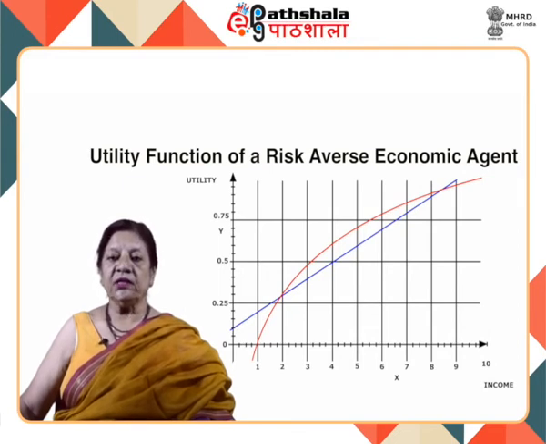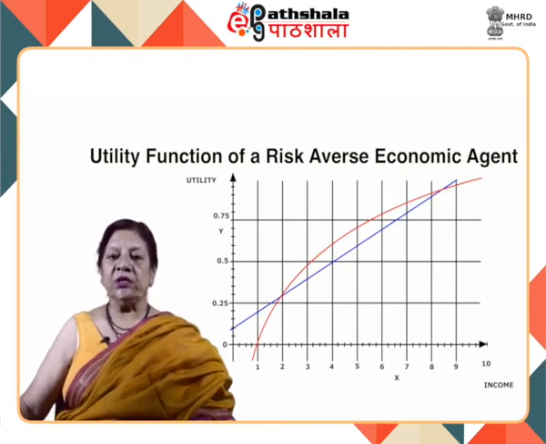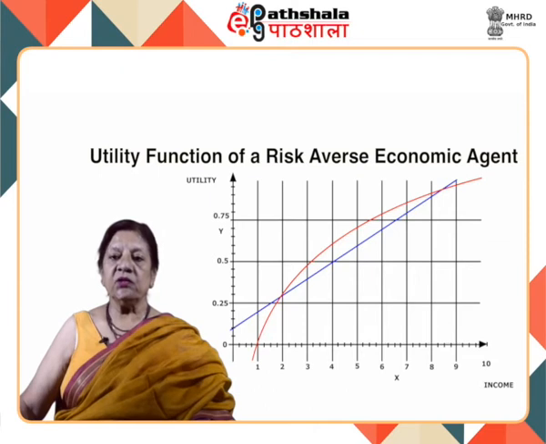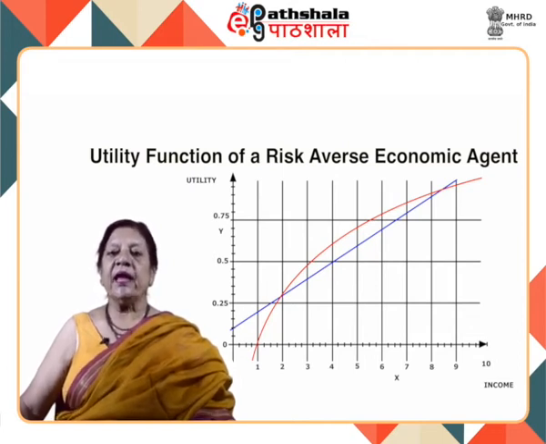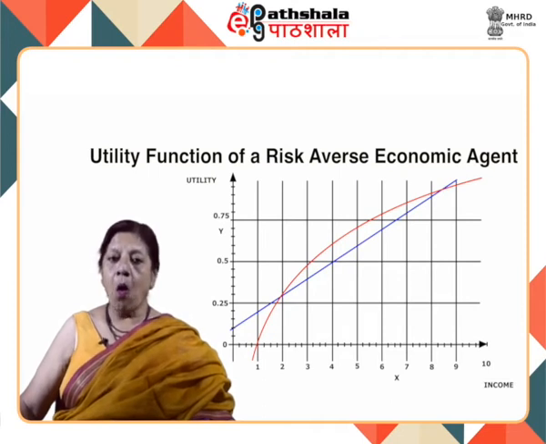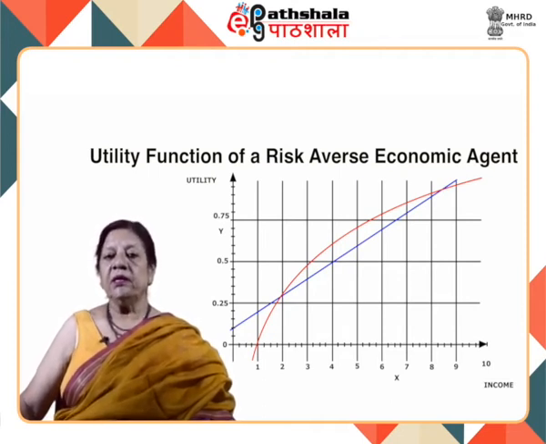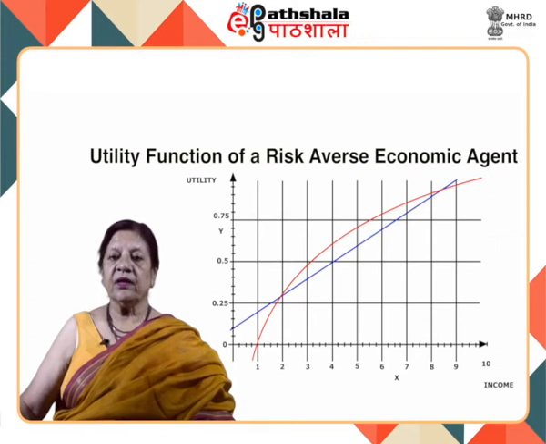From the utility function, it can be seen that he would either get a utility of 0.3010 with a probability of 0.5 if he were to get an income of 2 units, or alternatively he obtains a utility of 0.9031 with a probability of 0.5 if he were to get an income of 8 units.